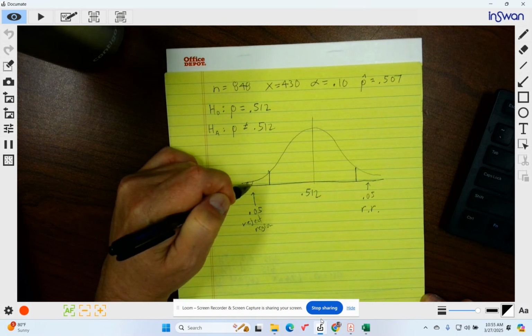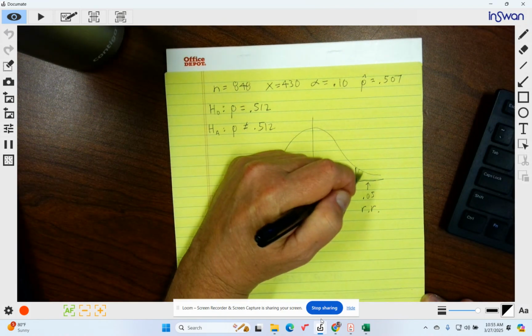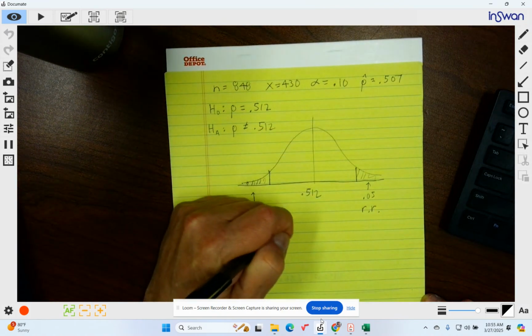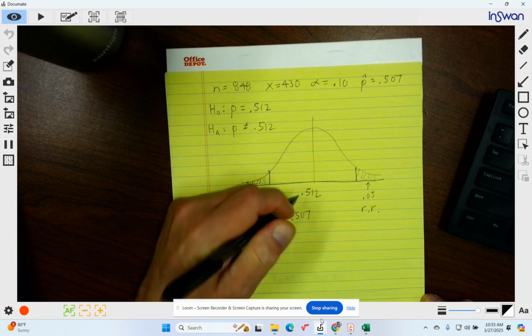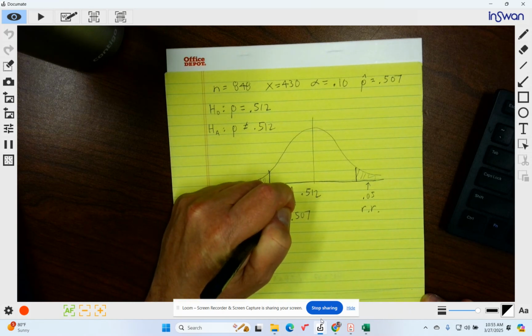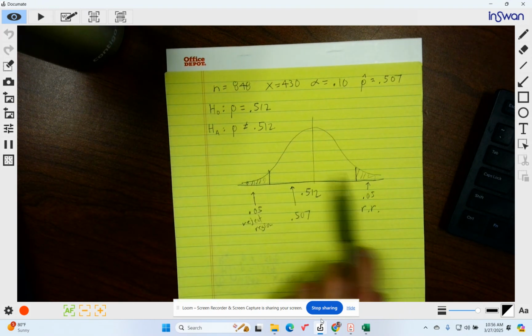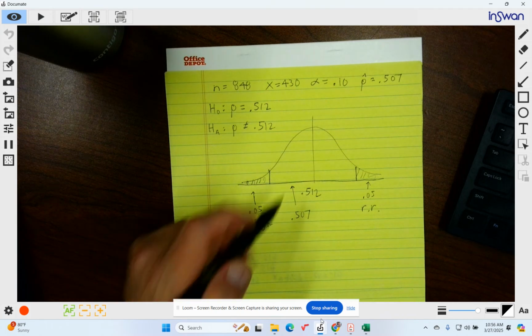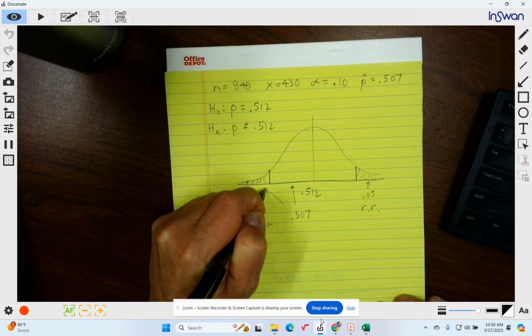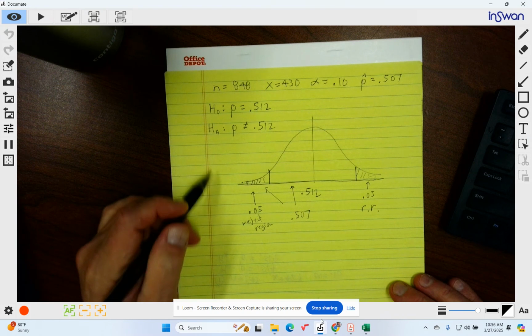So does this number, this 0.507, fall in this area where we do not reject the null, or does it fall in this area right here where we do reject the null?